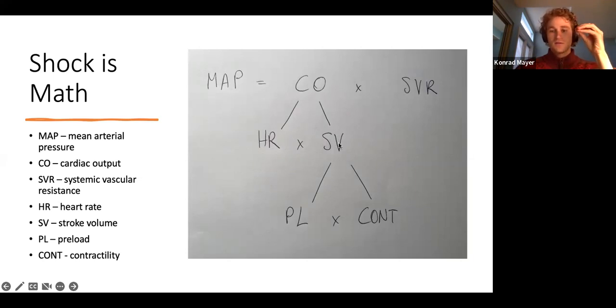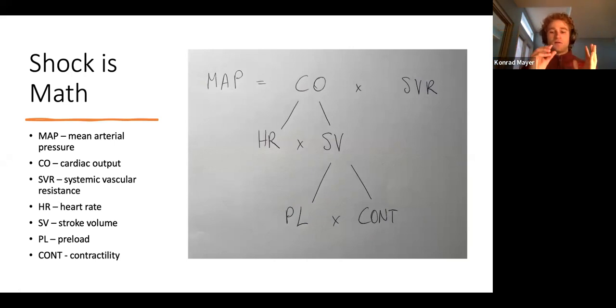Stroke volume is affected by the preload, how full is my glass that I'm emptying into the system, and contractility, how much contractile strength is going into my expulsion of blood into the vasculature.